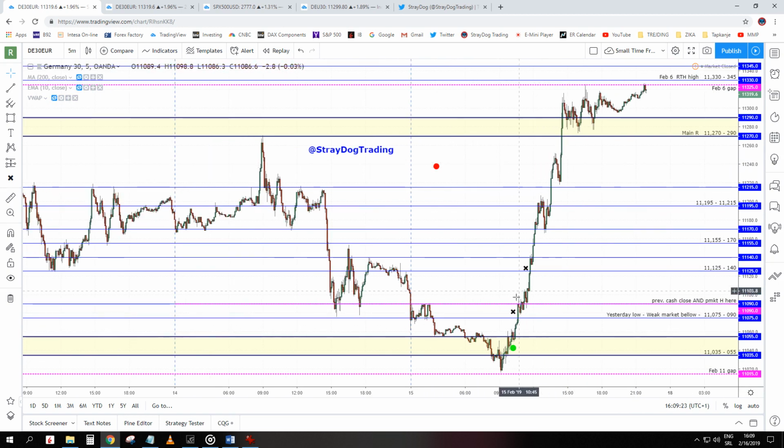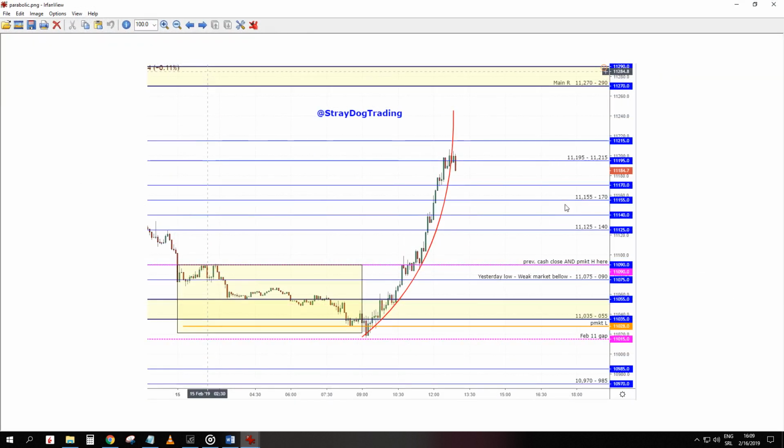This can happen, and if you could see this move, it looked like this at the time, parabolic, and you could say that, okay, from here to here is almost all of the ATR, almost the entire daily range.